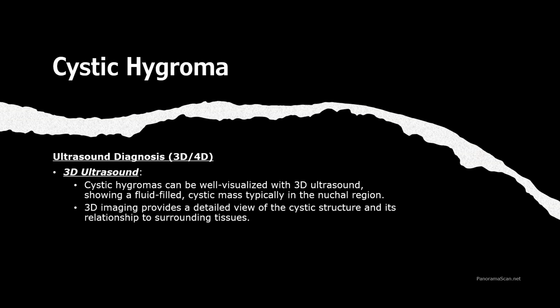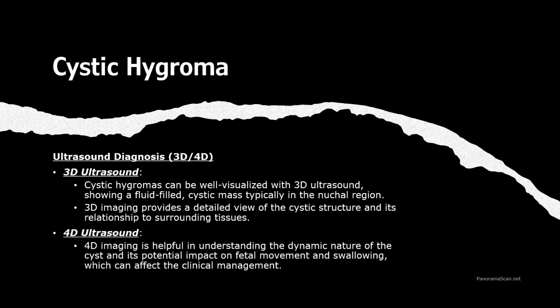These appear as fluid-filled cystic masses or spaces, most commonly located in the nuchal region or the back of the neck. The advanced imaging capabilities of 3D ultrasound allow us to clearly define the structure of the cyst and its relationship to the surrounding tissues. This detailed perspective aids in assessing the size, extent, and potential involvement of nearby anatomical structures.